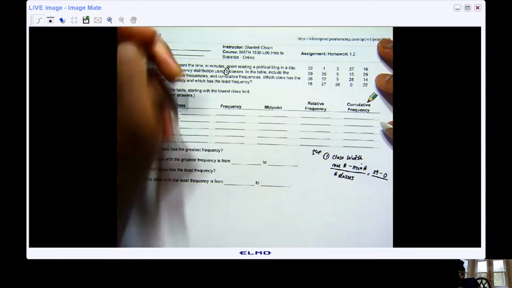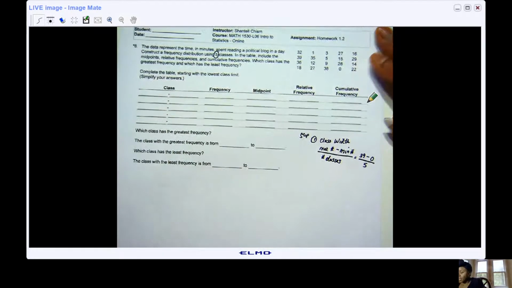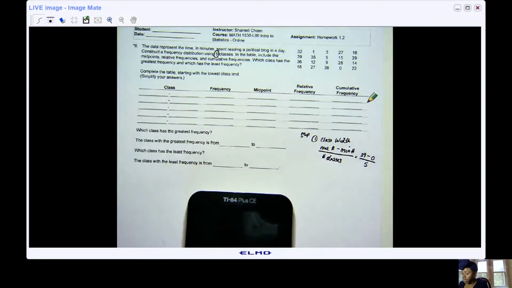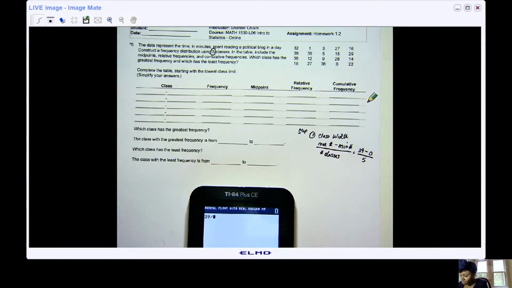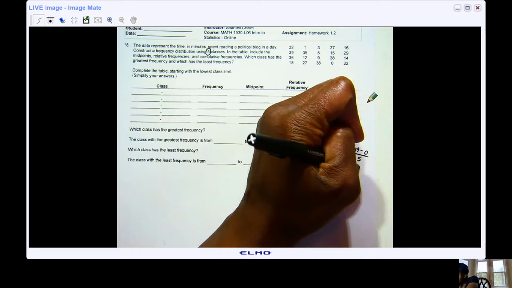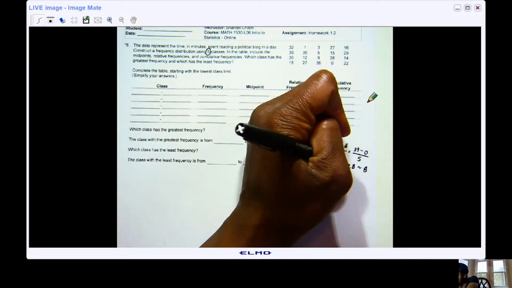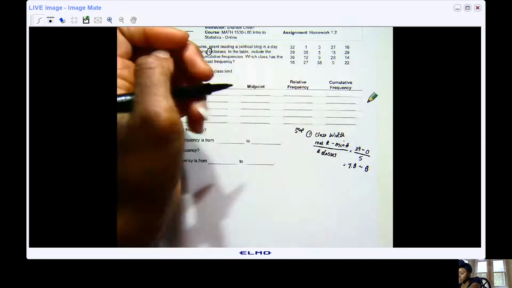You will always be told how many classes to use. So 39 minus 0 is just 39. 39 divided by 5, we get 7.8. So that means our class width rounds up to 8. We have a class width of 8.